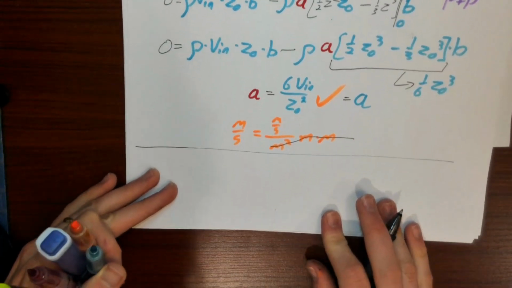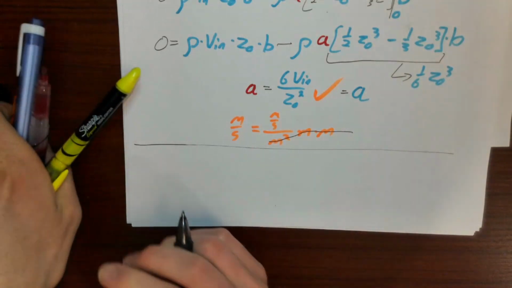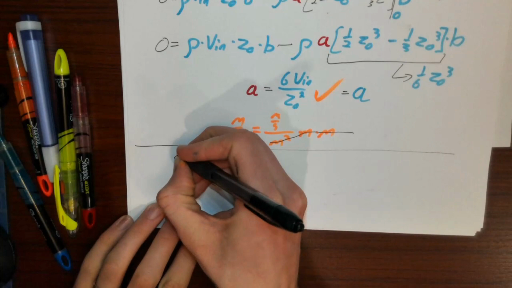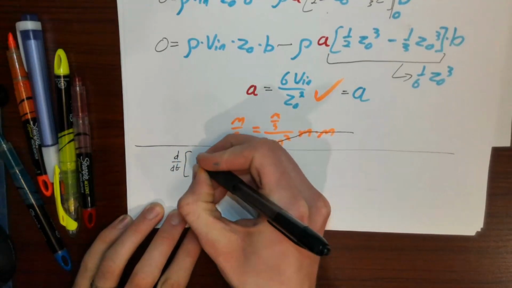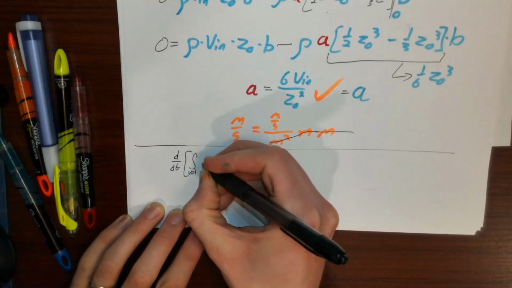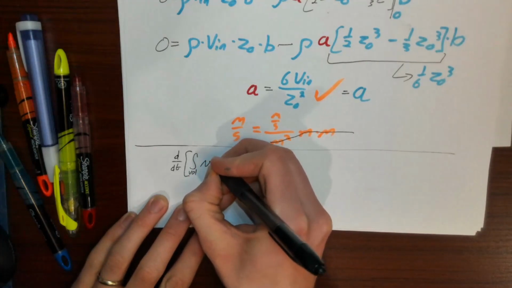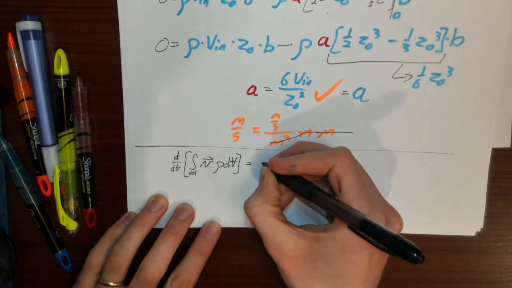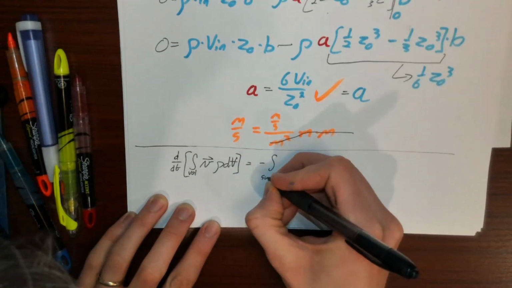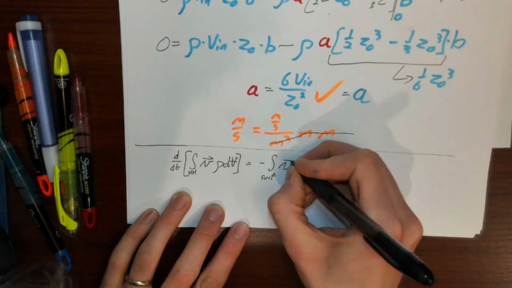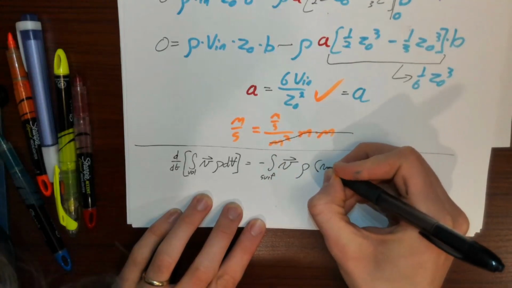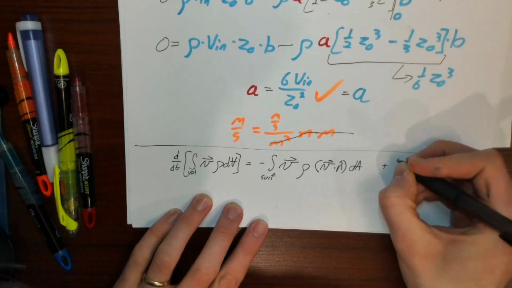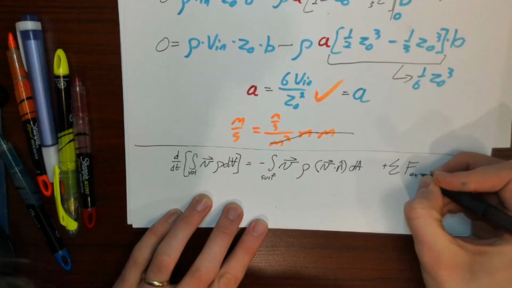In general, we have conservation of momentum. Conservation of momentum is d/dt of the integral over the volume of velocity vector times rho dV, and that's equal to an integral over the surface of velocity vector times rho times velocity vector dot n dA plus the sum of any external forces.